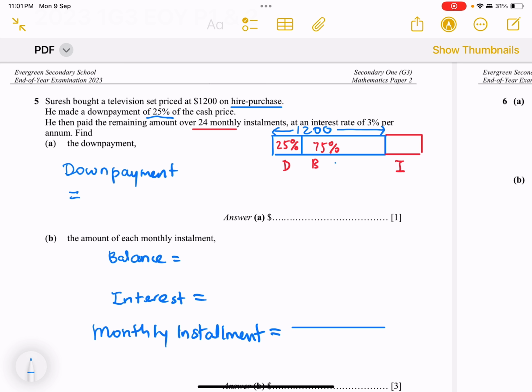So we must work out the balance before we can get the interest. Right, so now they want the down payment, which is 25% of the cash price. And that is $300.